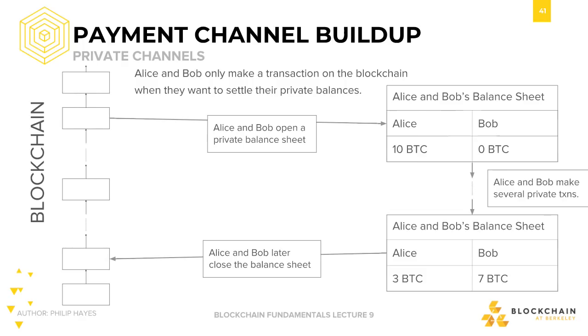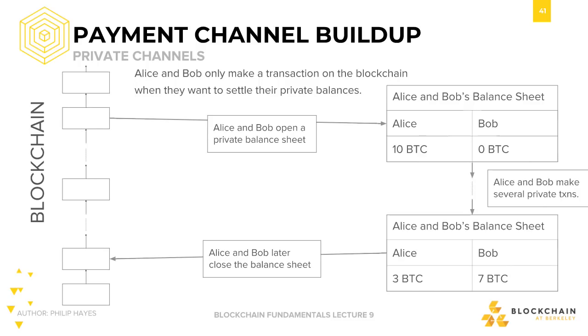Normally, if we're doing this off-chain, they can technically just open up a Google Sheets and collaborate, saying, I'm gonna send you this Bitcoin, and we'll settle our balances on Google Sheets. That's pretty scalable, honestly, and that's pretty good, right?